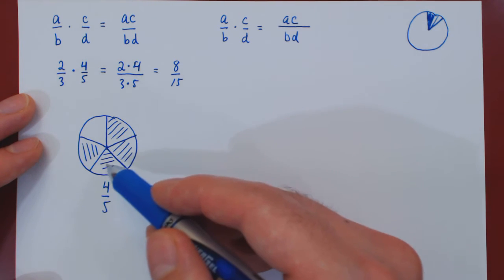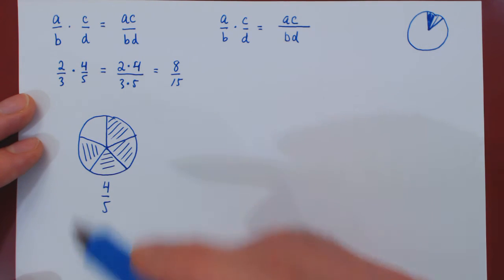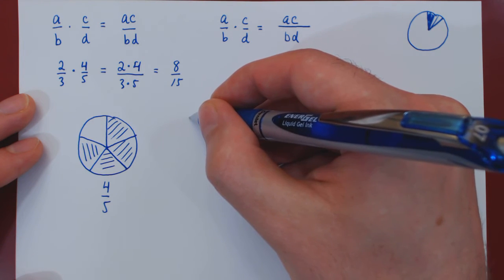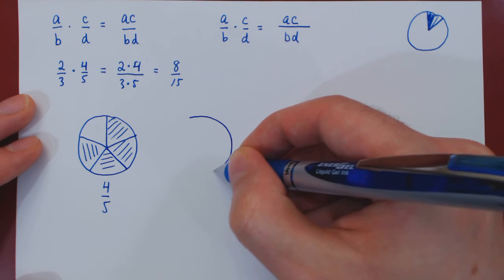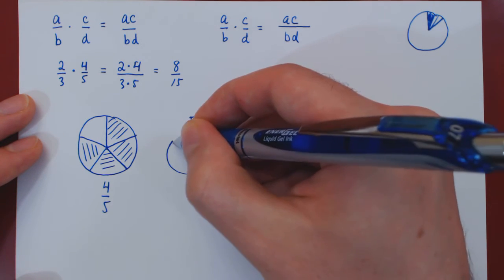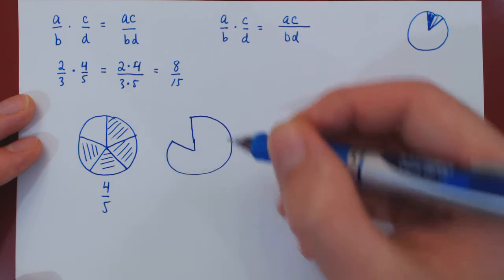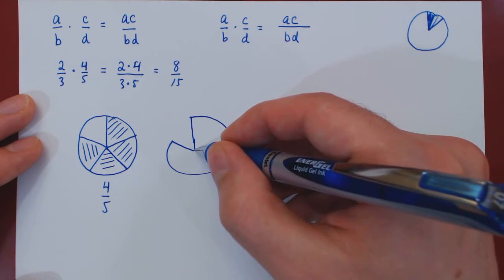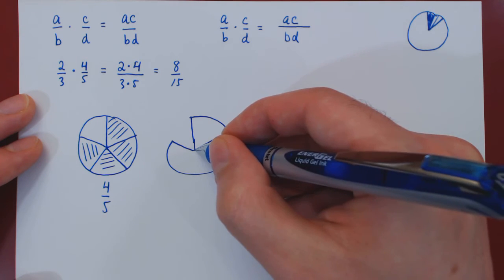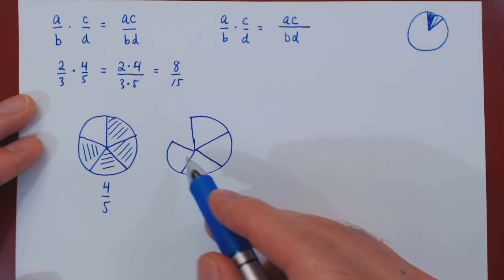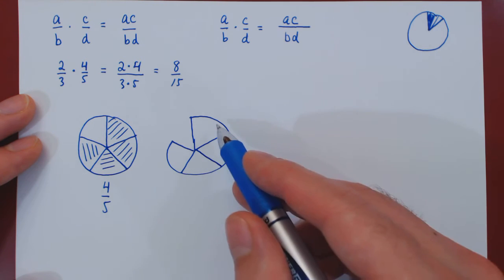So let me draw this again, omitting one of the 5 parts. Imagine that this is a perfect copy of this part. So this is our 1, 2, 3, 4, 4 parts out of 5.